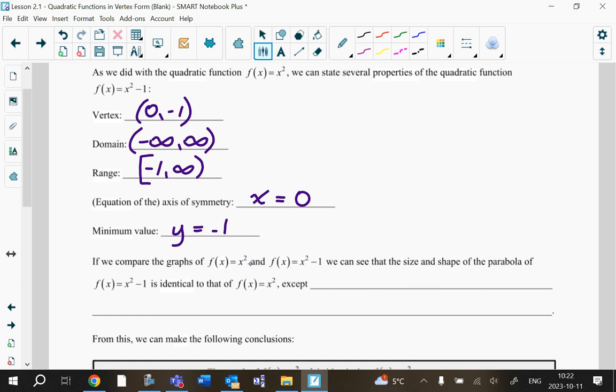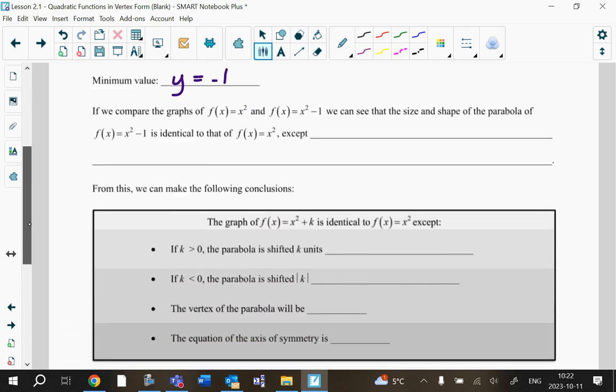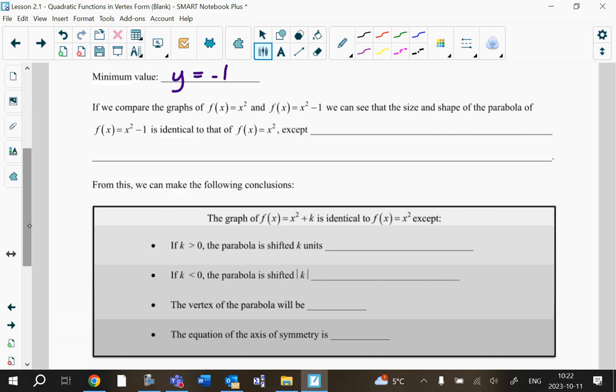So if we compare those two graphs, f of x equals x squared, f of x equals x squared minus 1, size and shape of the parabola are the same, except f of x equals x squared minus 1 moved down 1 unit. So what happens when there's a number at the end of the equation being added or subtracted?